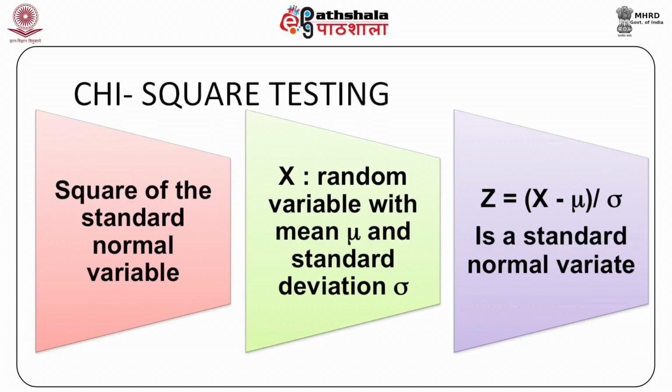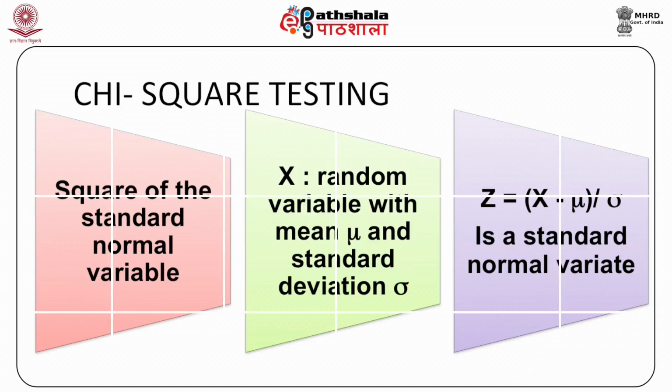Chi-square is the square of the standard normal variable. Let x be a random variable following a normal distribution with the mean as mu and standard deviation as sigma, then z will be equal to x minus mu divided by sigma, which is a standard normal variate.